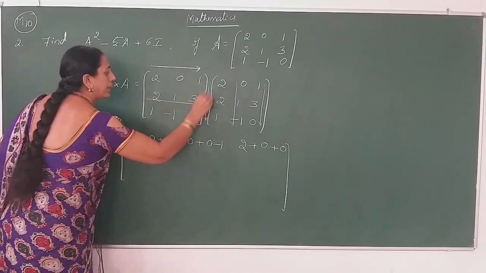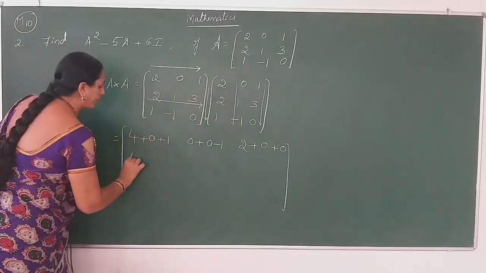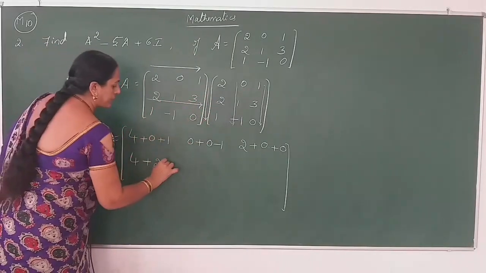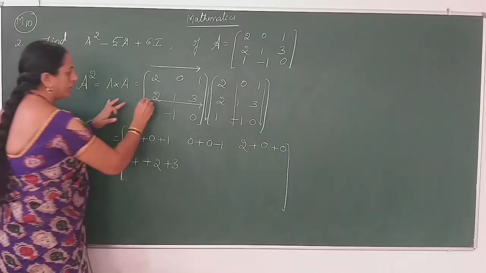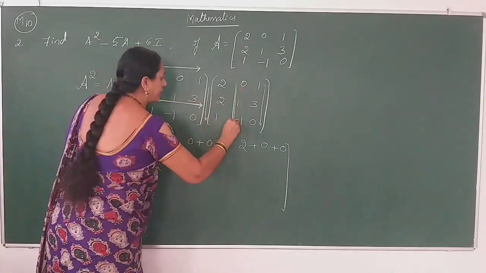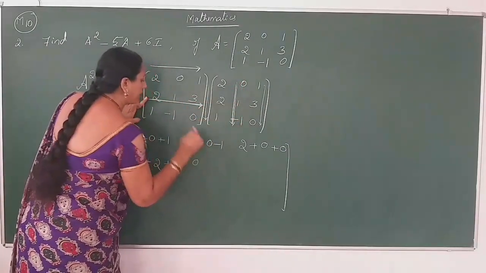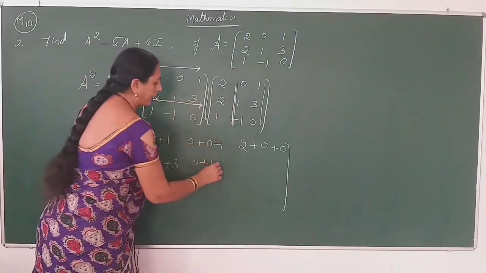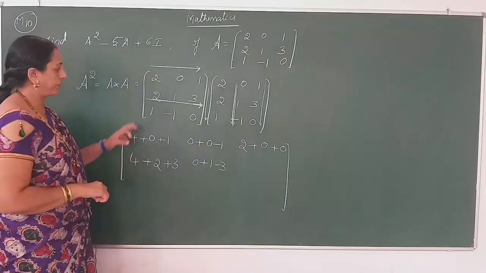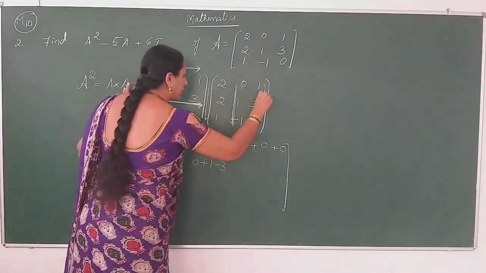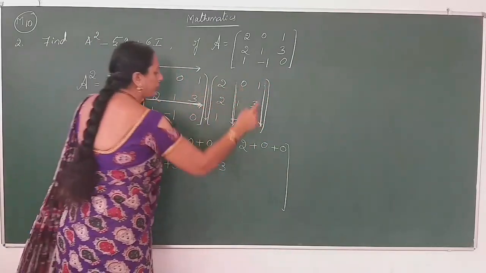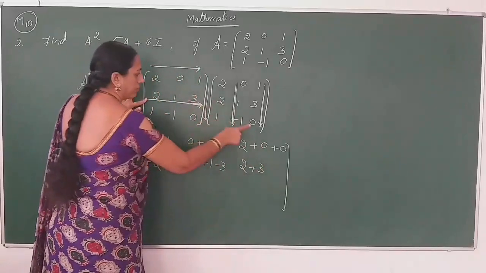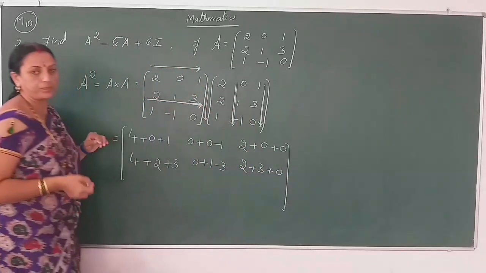Similarly, second row, first column: 2 into 2 is 4, plus 1 into 2 is 2, plus 1 into 3 is 3. Second row, second column: 2 into 0 is 0, 1 into 1 is 1, plus 3 into minus 1 is minus 3. Second row, third column: 2 into 1 is 2, plus 1 into 3 is 3, plus 3 into 0 is 0.